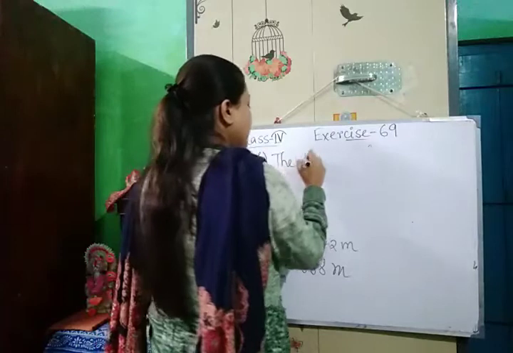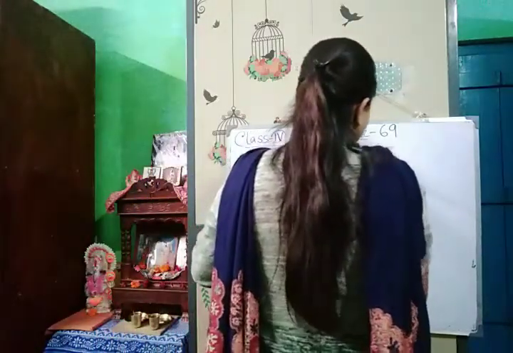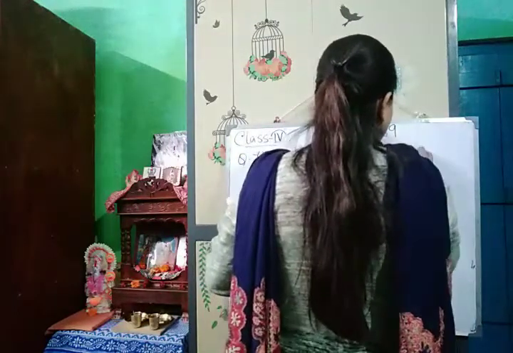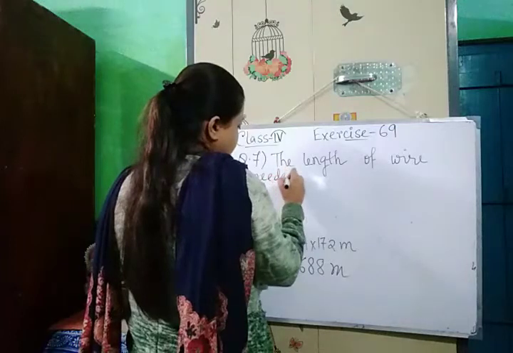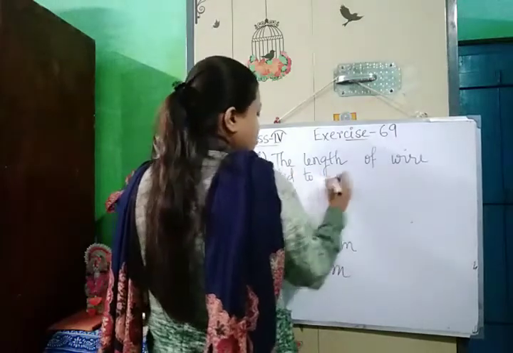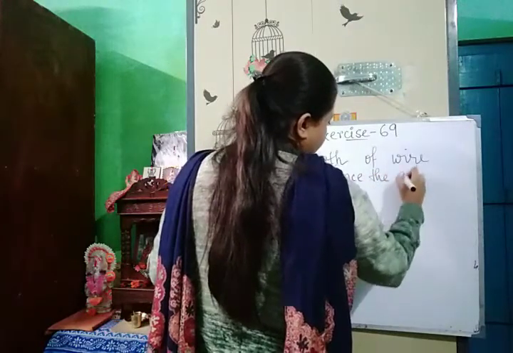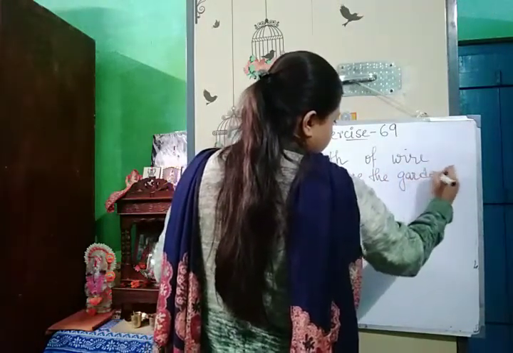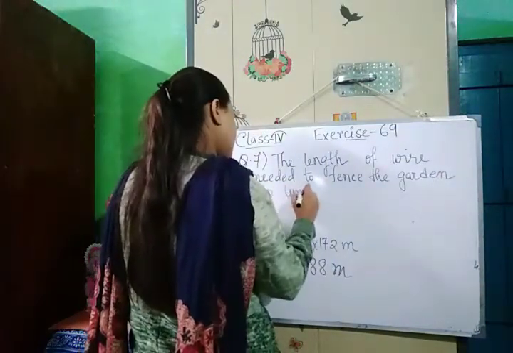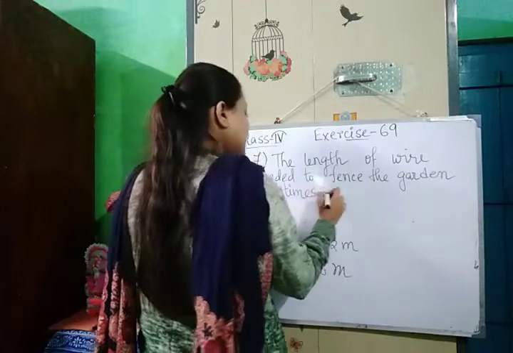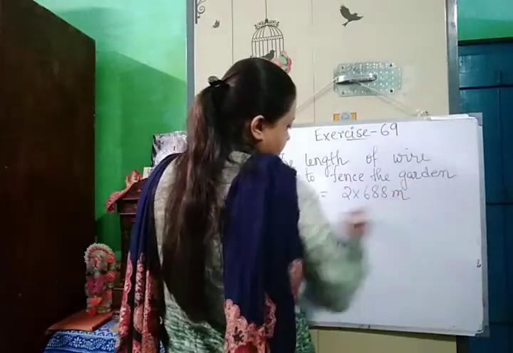The length of wire needed to fence the garden 2 times is equal to 2 into 688 meter.